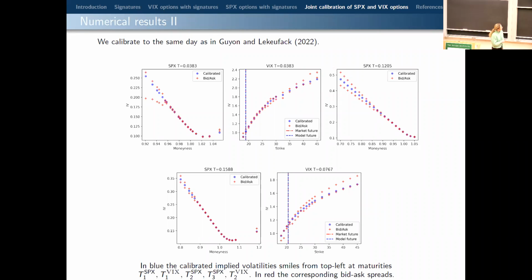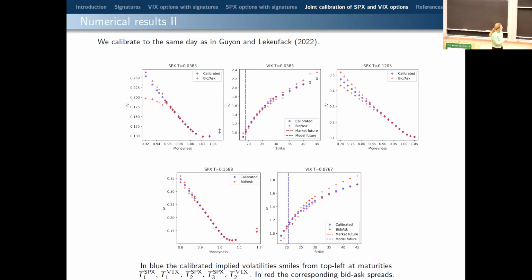Again, here we have 5 different options, or not options, but maturities that we consider. So 3 for the SPX and 2 for the VIX, and you see from these plots that we are always very accurate and always within the bid-ask spread. Everywhere where you have this line, this corresponds to the future price in the VIX options to which we calibrate as well.